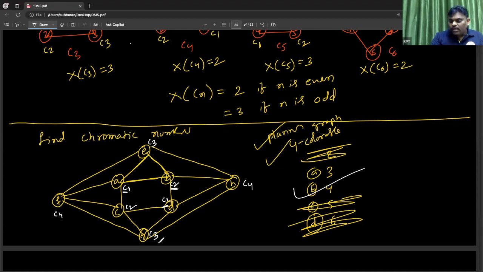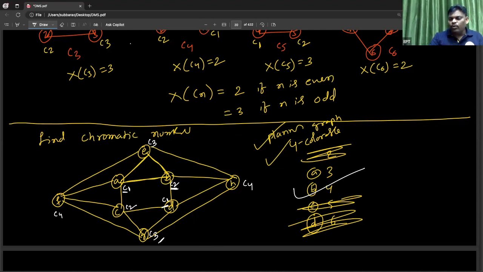Because of C3 there, the answer is greater than or equal to 3. So the answer is either 3 or 4. I verified. It is compulsory to say that 4 is required. Can anyone say 3 is enough, sir?